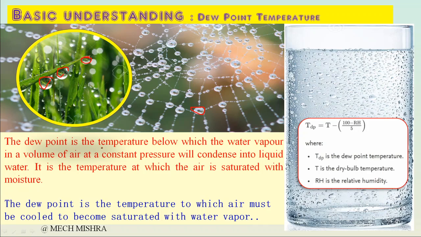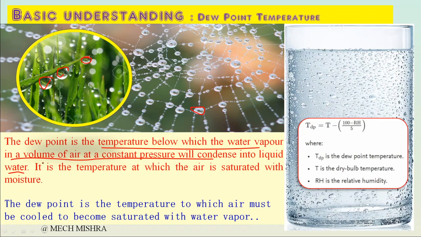Dew point temperature is a temperature below which water vapor in a volume of air at constant pressure will condense into liquid water. We know there is a certain amount of vapor, moisture, that always remains in air, but when the atmospheric temperature or surface temperature goes below the dew point, then at constant pressure the vapor will condense into liquid.